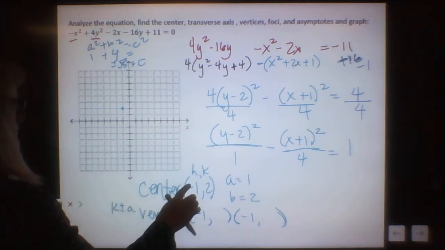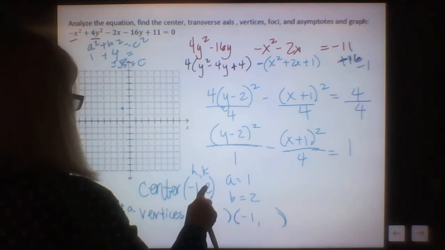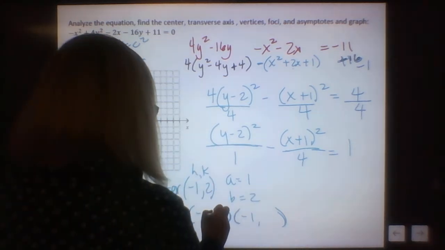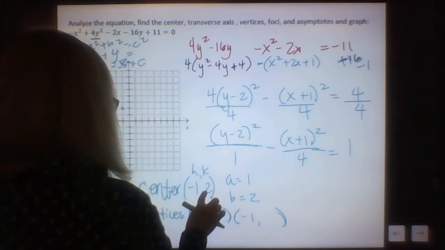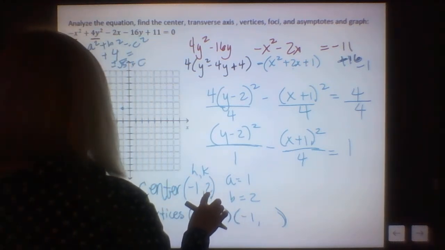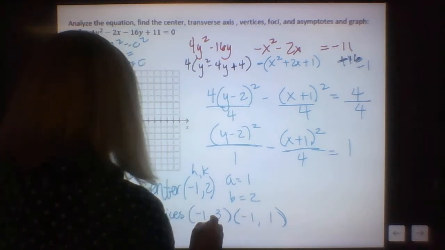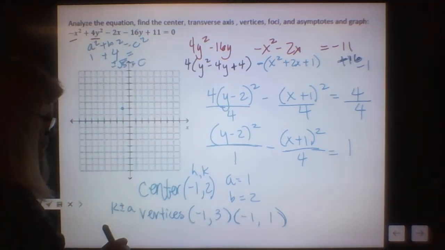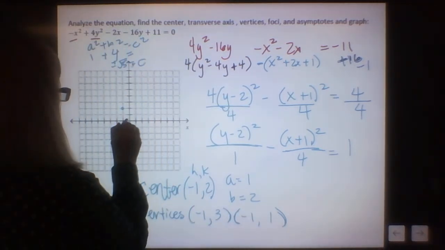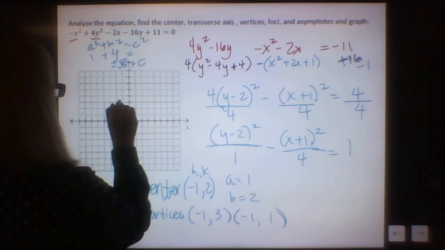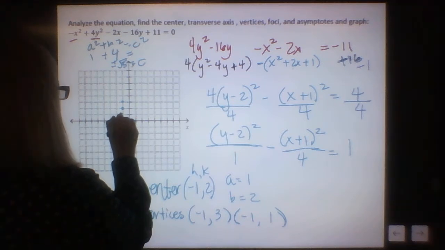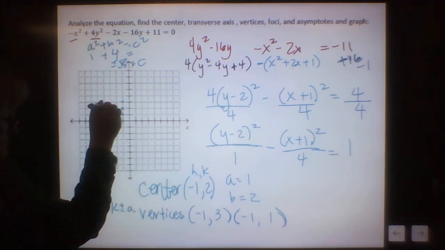K plus 1. Oh, K plus 1. Ugh. So I was right. 3. K minus 1. Okay. So -1 and 3, and -1 and 1. Okay. So this is my center.